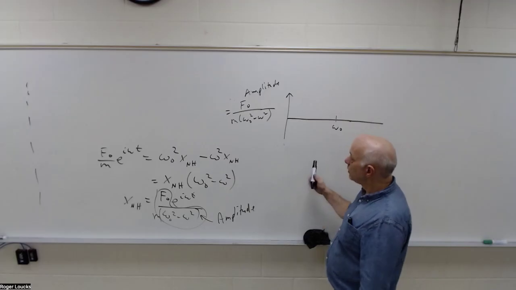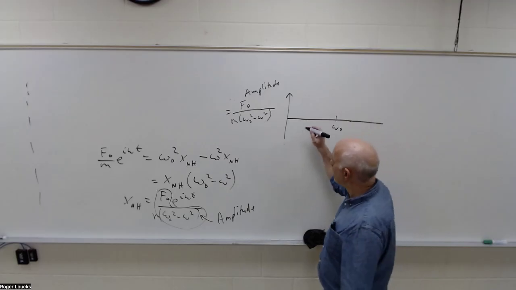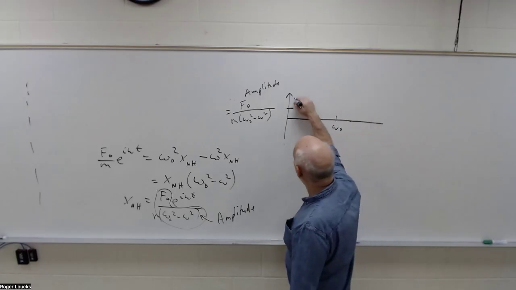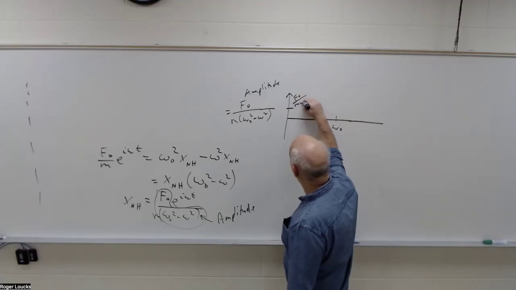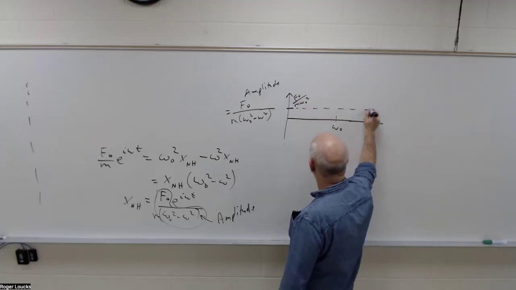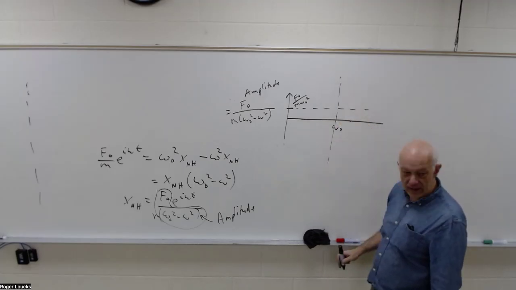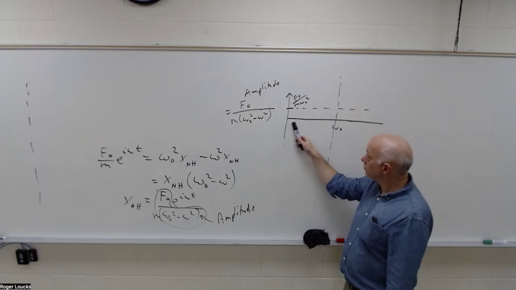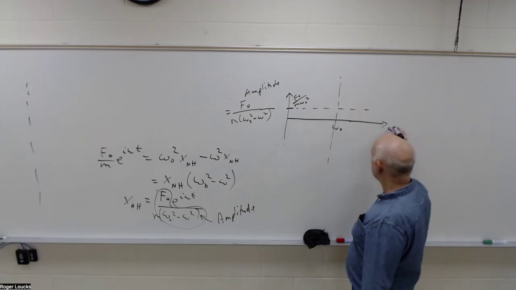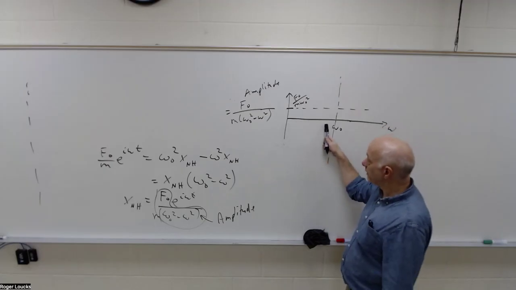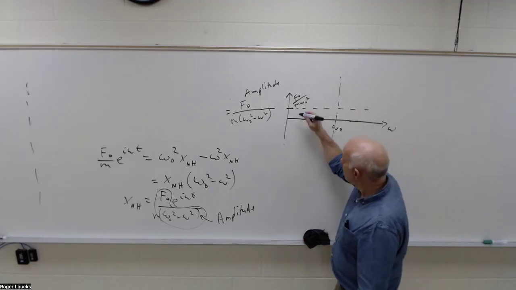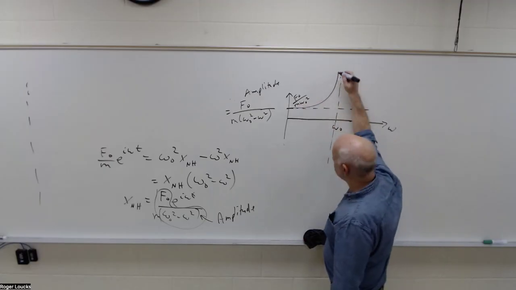We said if omega is 0, what happens? This is going to be some value, F naught over m omega naught squared. Now what's going to happen as this starts approaching omega naught, versus omega here? It's going to go like this, and it goes off to infinity, which is unphysical.